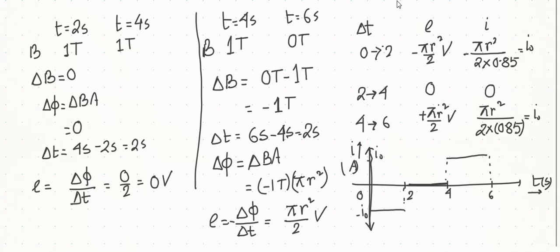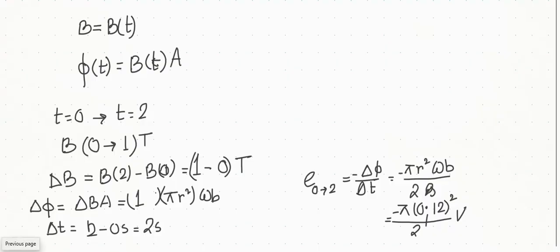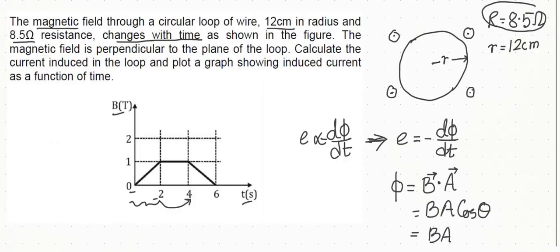So as long as the magnetic field changes from 0 to 1 and again 1 to 0, the current also changes from minus I0 to 0, then 0 to plus I0. Okay, let me draw it clearly.